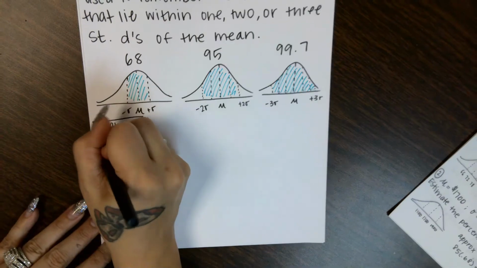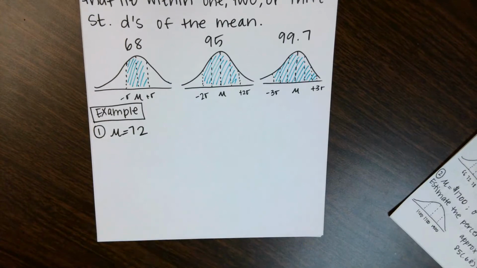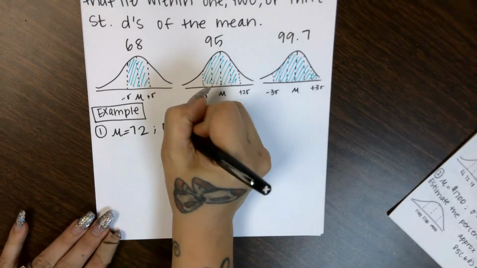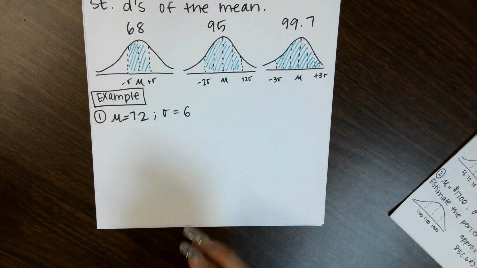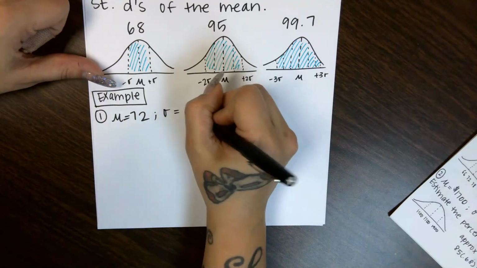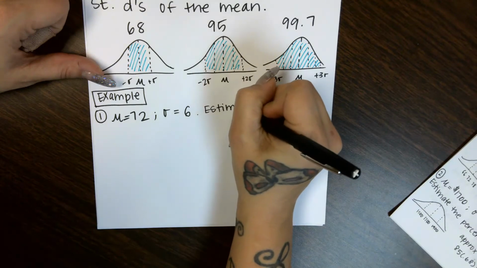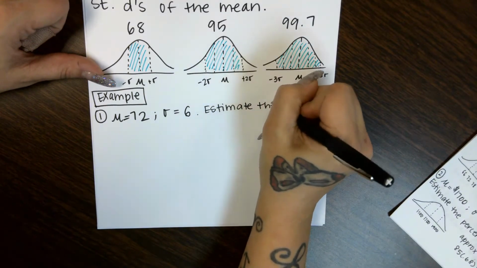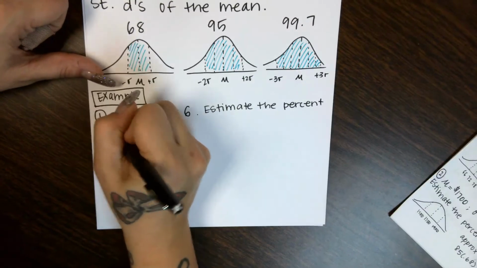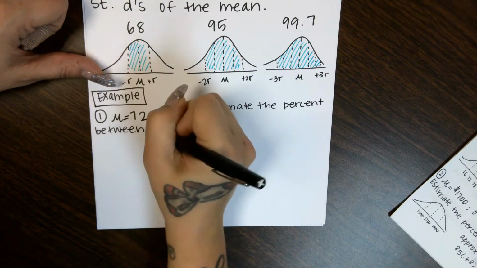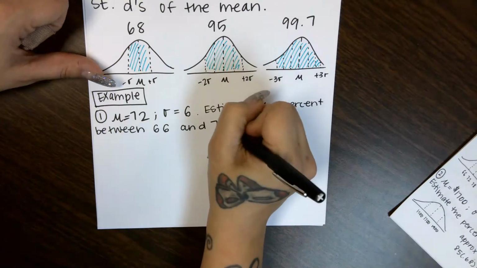So first example, we have a mean of 72. And we have a standard deviation of 6. And then what we're doing is we're going to estimate the percent between 66 and 78.